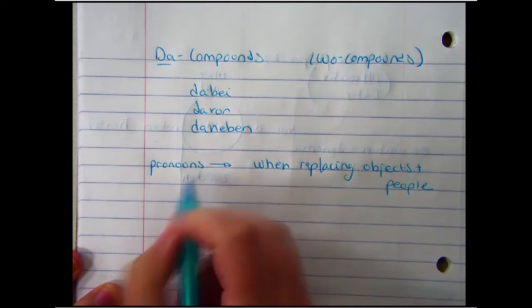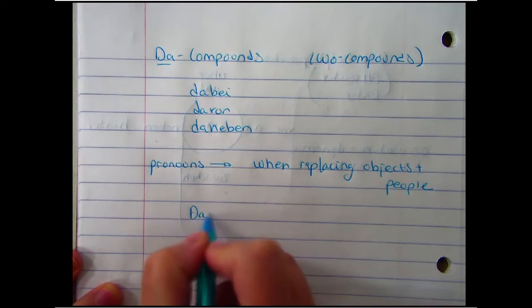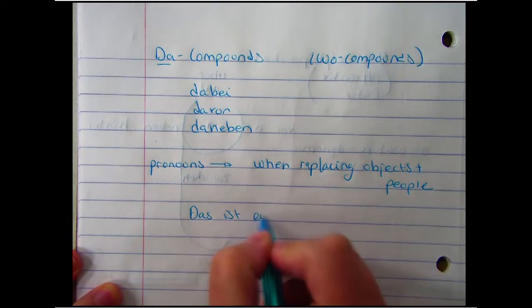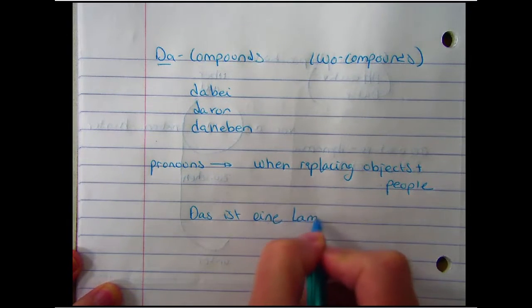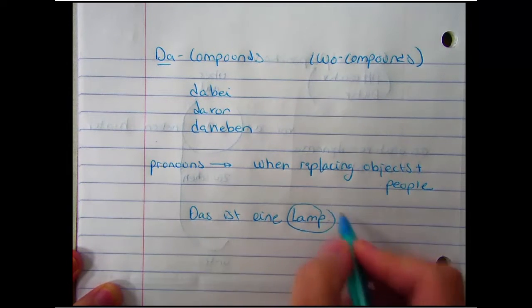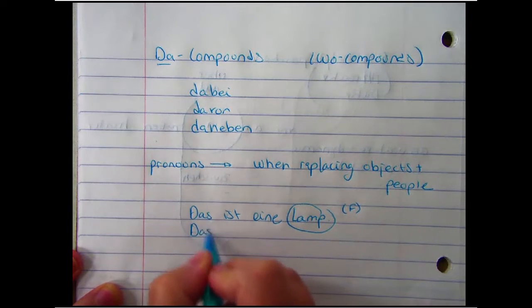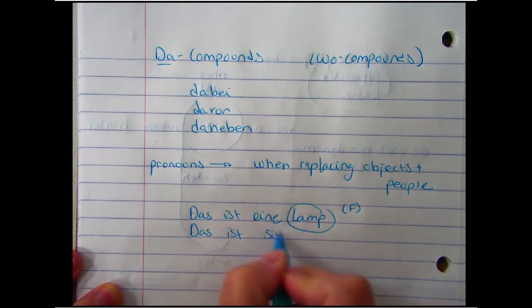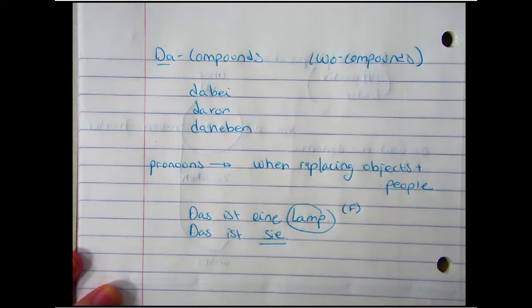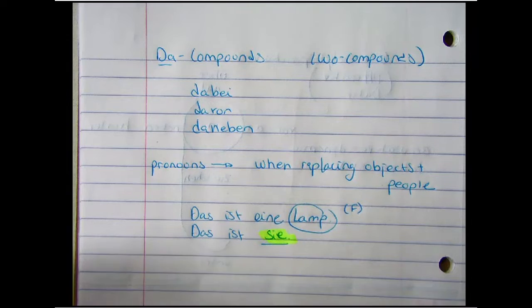So an example of that would be: das ist eine Lampe. That is a lamp, right? And eine Lampe is feminine, so you could also say das ist sie, right? So that was your pronoun, and with that pronoun you've replaced the object.